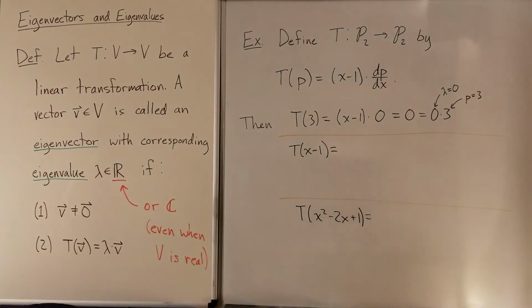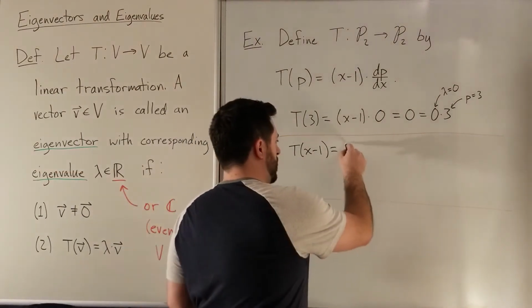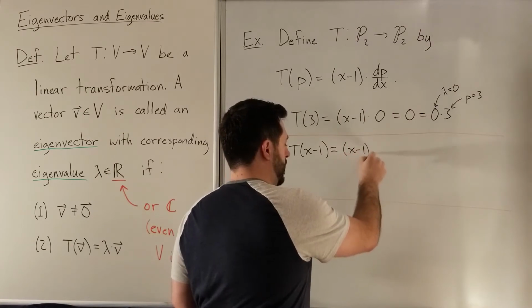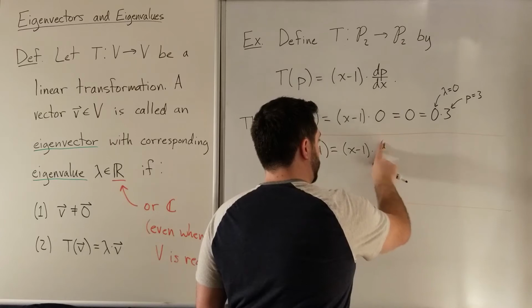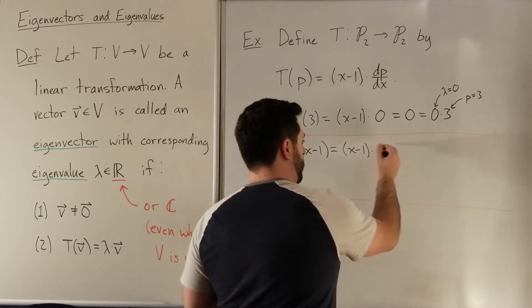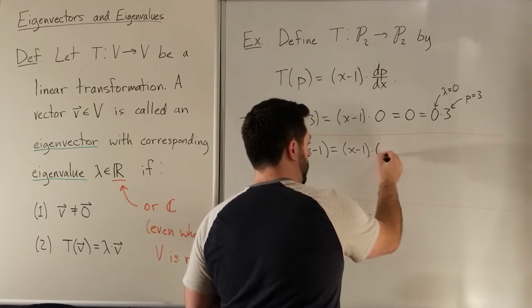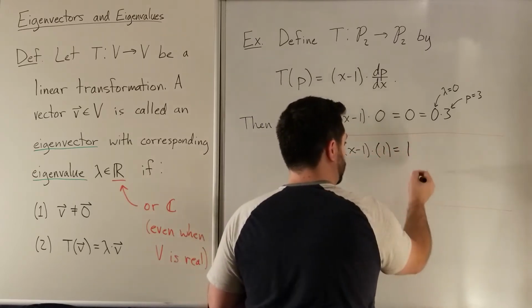Okay. Now we're going to look at x minus 1. See what happens when we plug in x minus 1. So I want to do x minus 1 times the derivative of x minus 1, which I'm just going to write down. The derivative of x minus 1 is just 1. x minus 1 times 1 is 1.